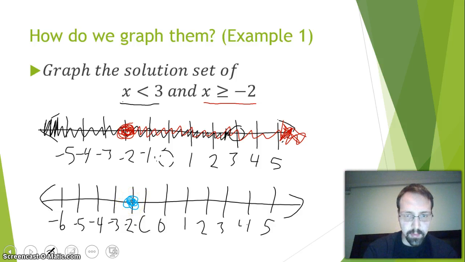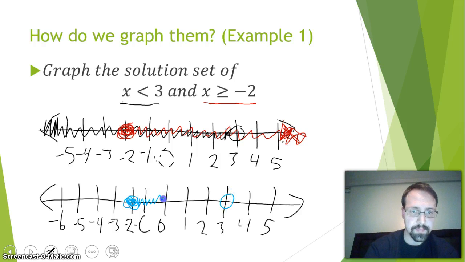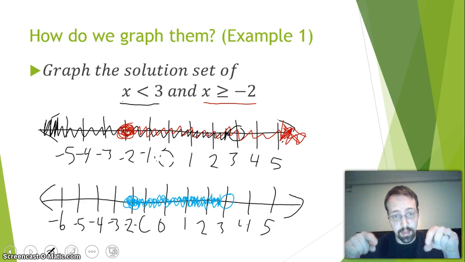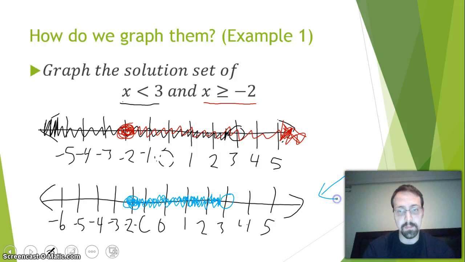It looks like it goes all the way up to right where 3 is, but it doesn't actually include 3. So then my answer is this guy down here. It's all the numbers between negative 2 and 3, including negative 2, but not including 3. So my answer is there, bottom, bam, answer.